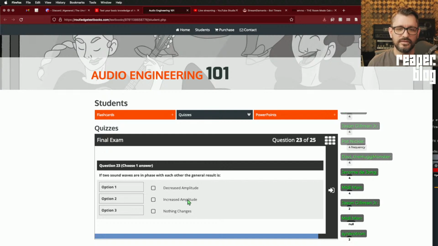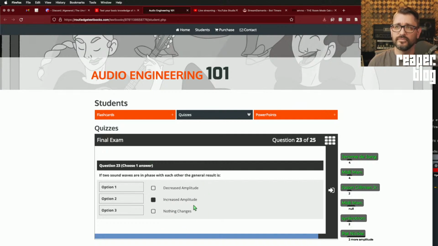This is increased amplitude. This is like we talked about with balanced cables. Two signals that are the same, no time delay, no phase shift, they increase in volume.